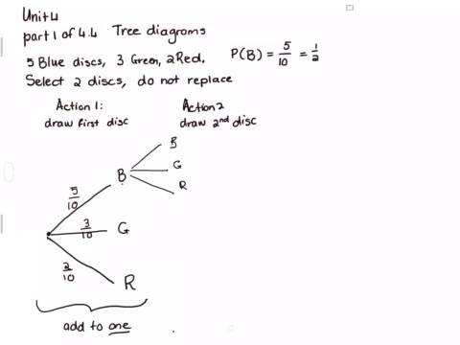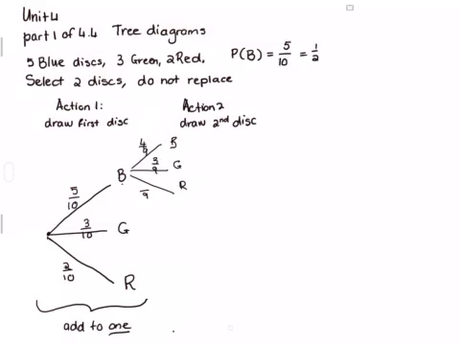Remember now, I have taken out one of the discs. How many discs are left? Only 9. So all of these will be out of 9. How many blue discs left? Only 4, because I've taken one. But I haven't taken any green if we go along these branches.